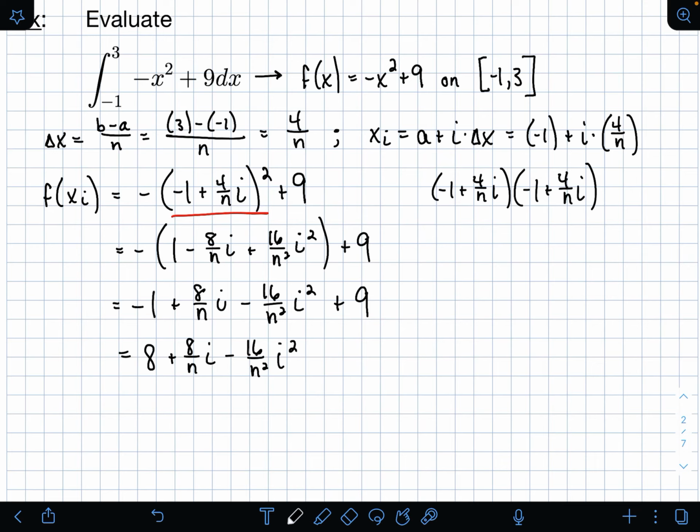We can now put this into our summation formula. So we have the sum from I equals 1 to n of 8 plus 8 over n I minus 16 over n squared I squared times delta x.